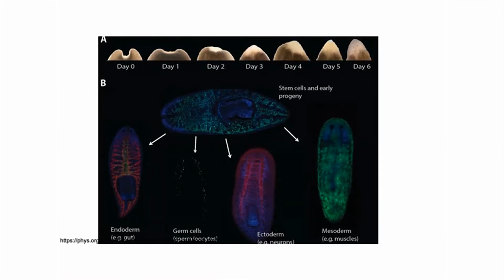And that leads to the question, how do they do this? How can you regenerate such an enormous part of your body in such a little time? And the truth to this is that these guys are filled with stem cells. So all these little green dots here are stem cells, absolutely filled.